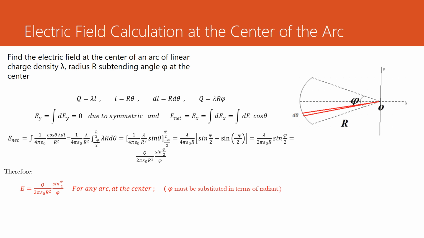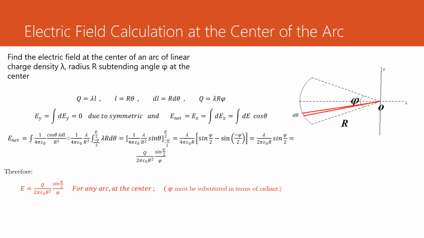Due to the symmetry, dEy will be 0 and we have only E net along the x-axis. Just the x component of the electric field will be non-zero. Therefore dE total will be dE multiplied by cosine theta.